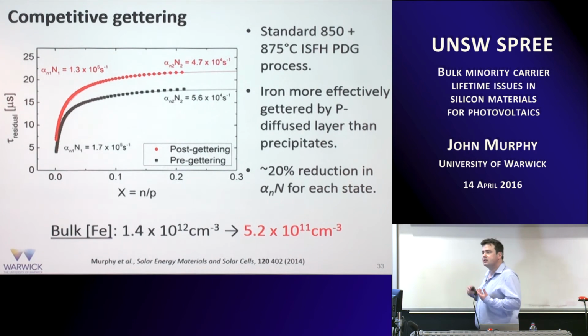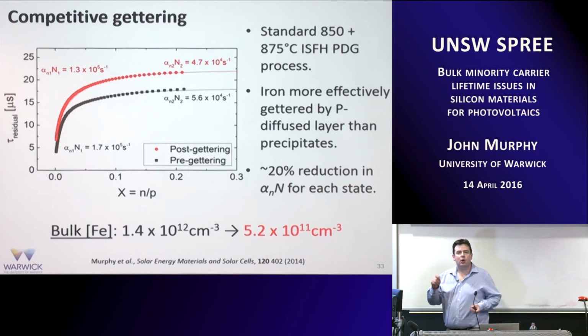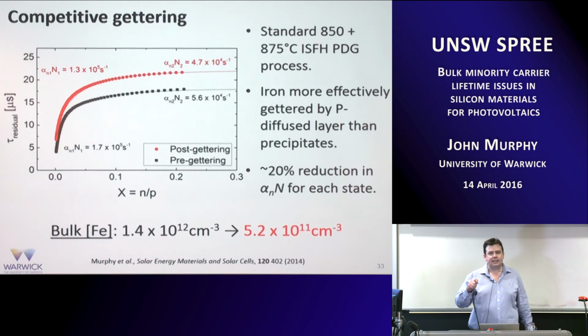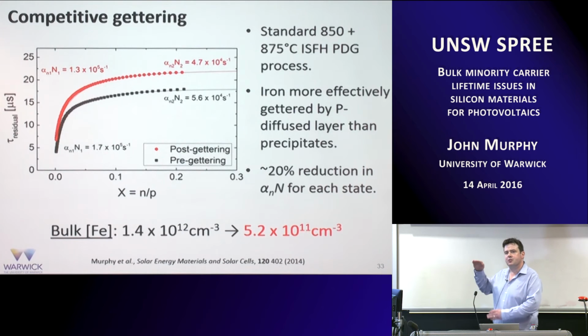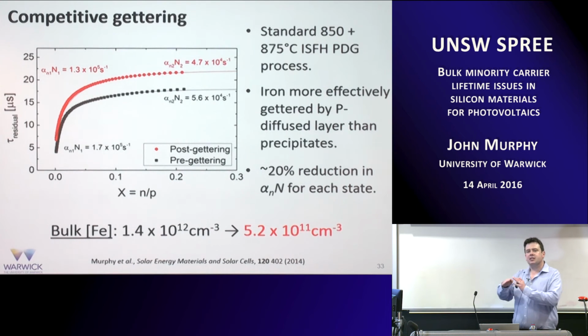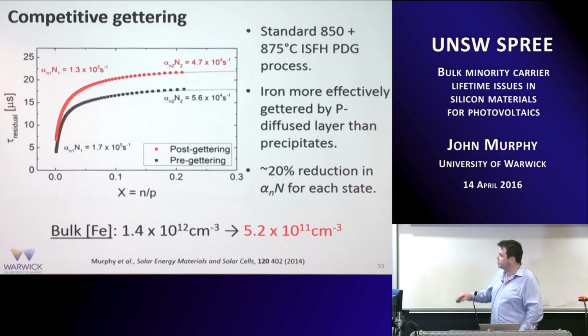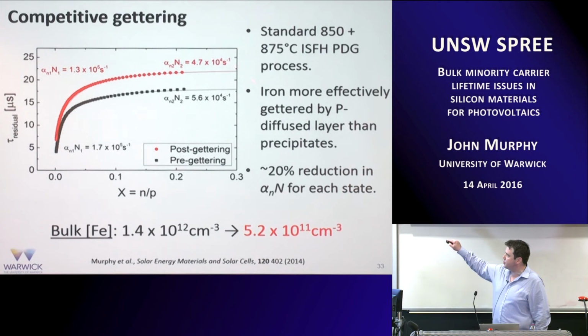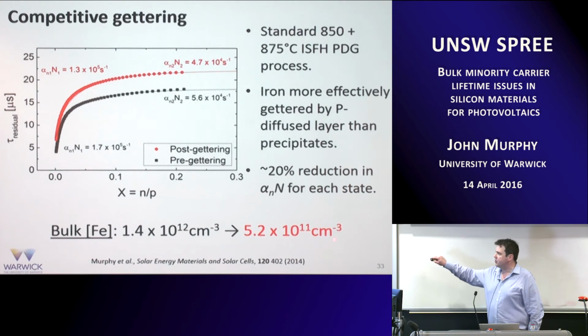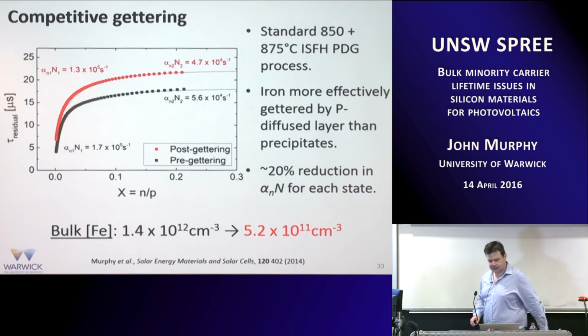So what this tells us is that the iron that was in the bulk isn't gettered to the oxide precipitate, it's actually gettered to the phosphorus diffused layer. So we can study both iron at precipitates, because we've got a measure of that using the recombination parameters, and we've got a measure of iron in the bulk, and so we can study the ratio of iron in the bulk to iron at the precipitates.